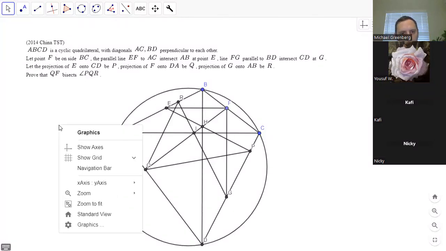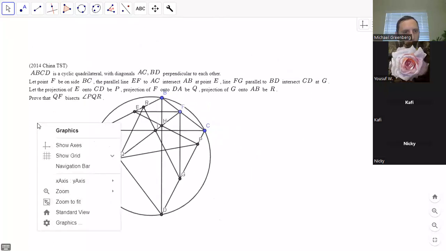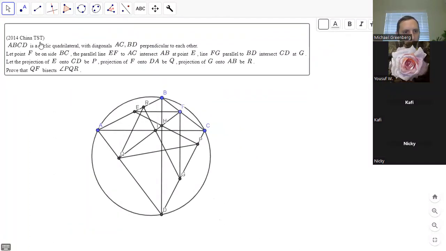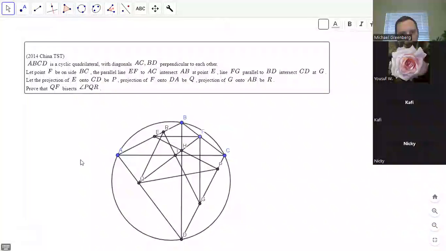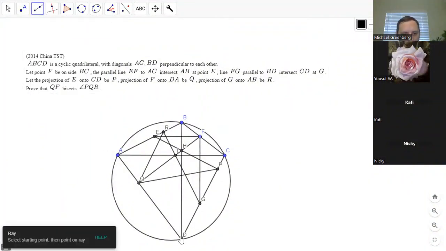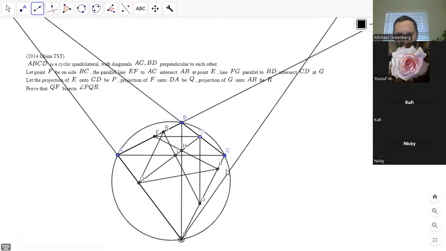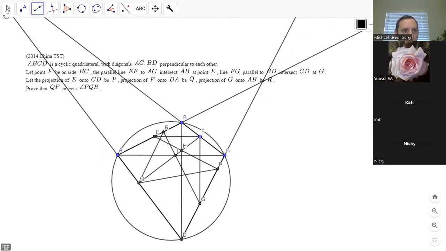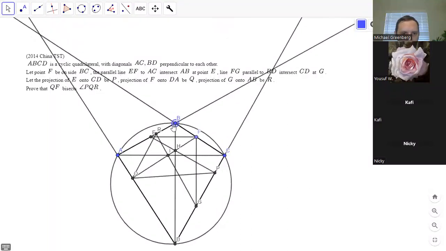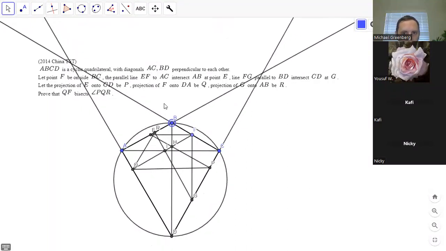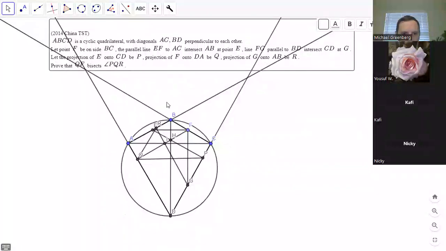So let's do that. Let's draw some intersections. So if we want to show that this is an angle bisector, then let's just draw this and this, and this and this, and shrink this a little bit.